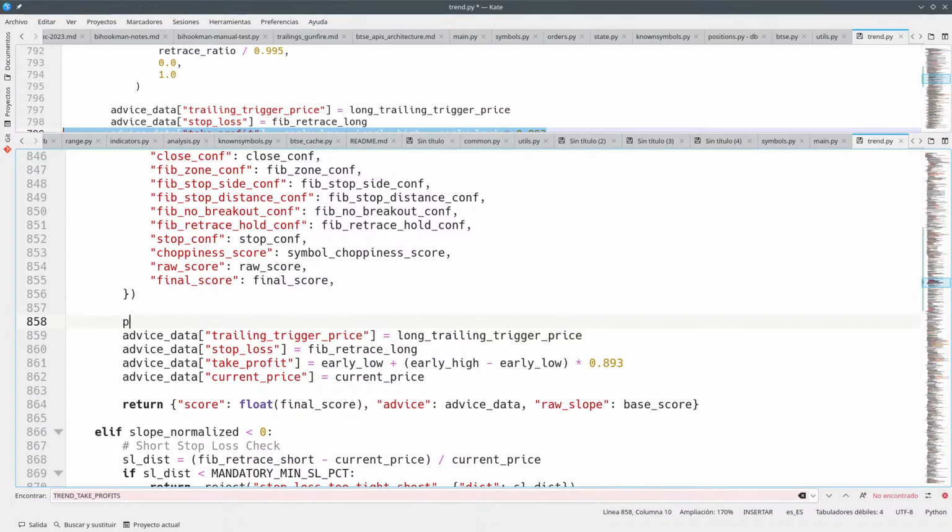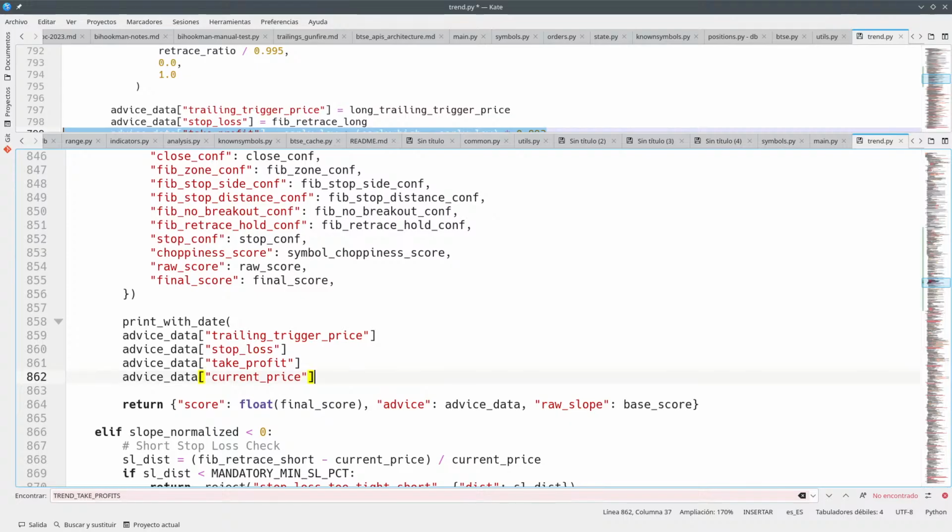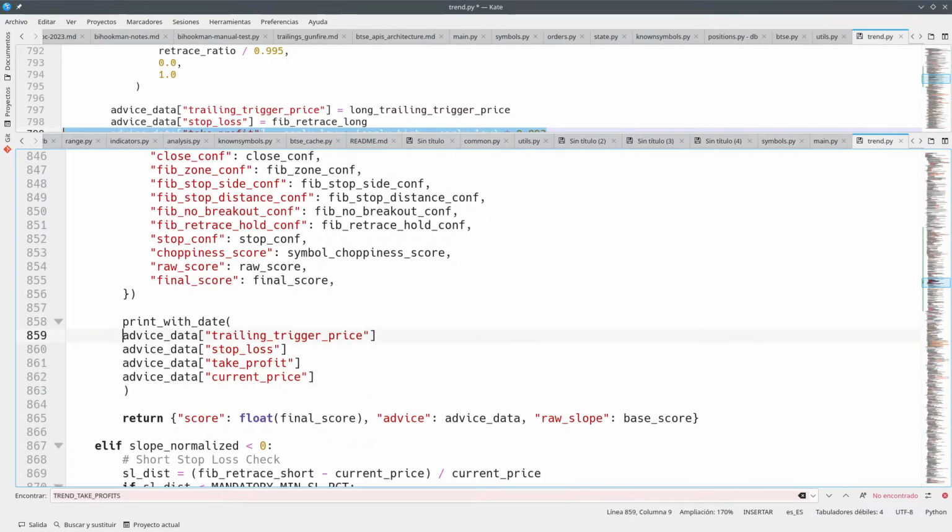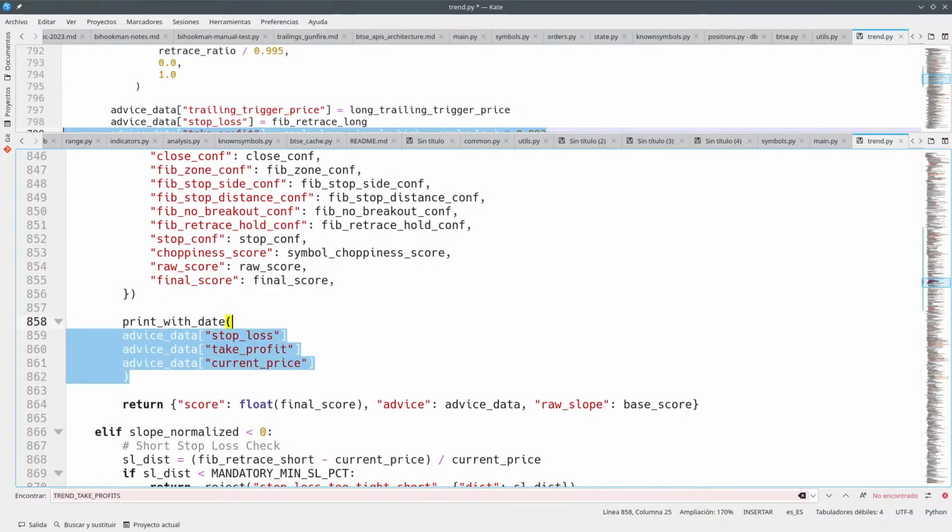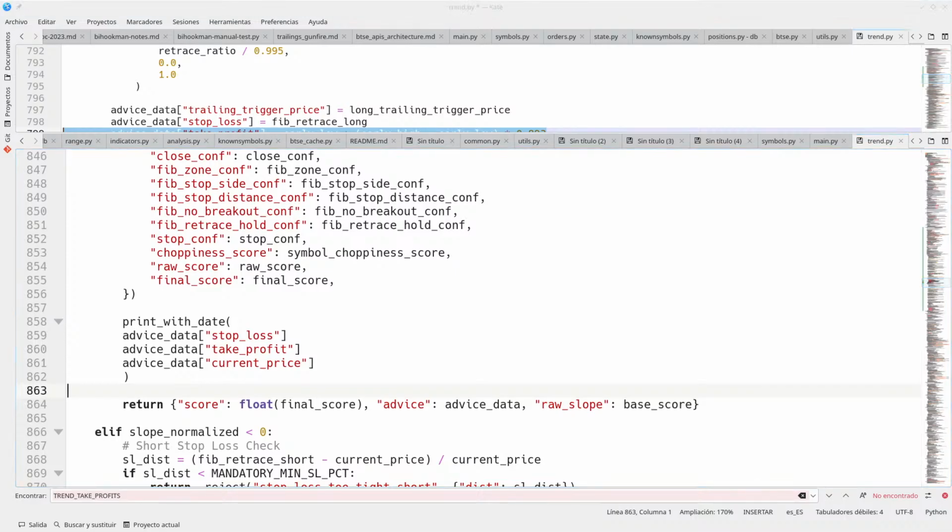So it's like print with date and, yeah, let's do this with Google Gemini.